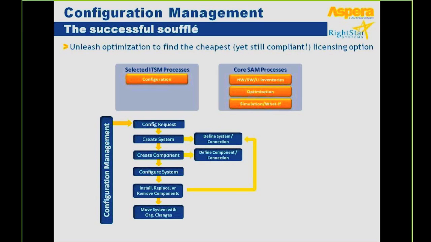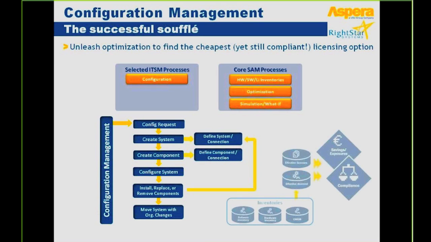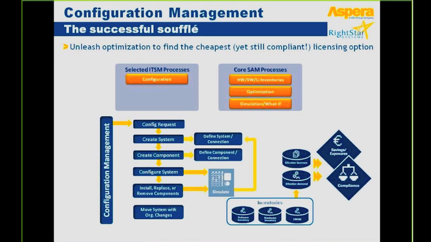Adding software asset management data, integrating SAM and ITSM would change this process design the following way. What you would do is, the SAM functionality, the functionality of the Aspera tool, would allow you to simulate the effect of your changes.